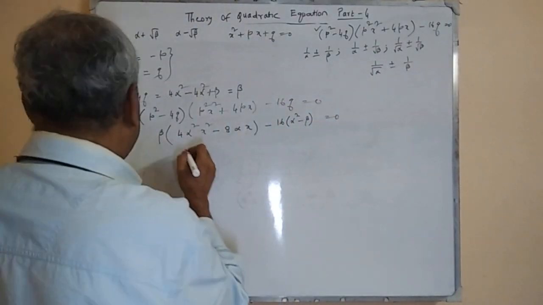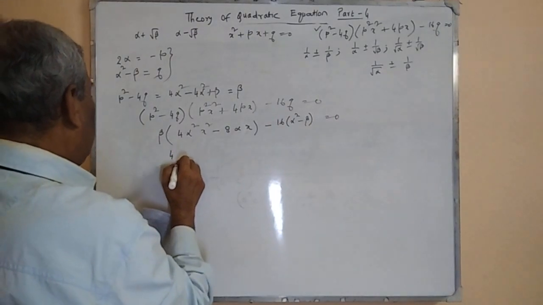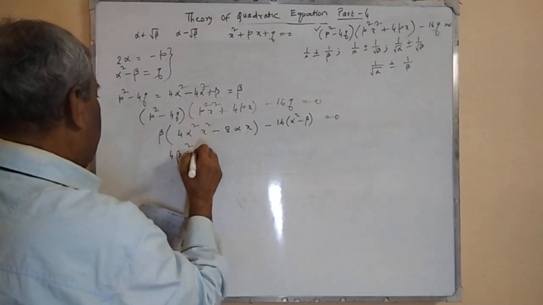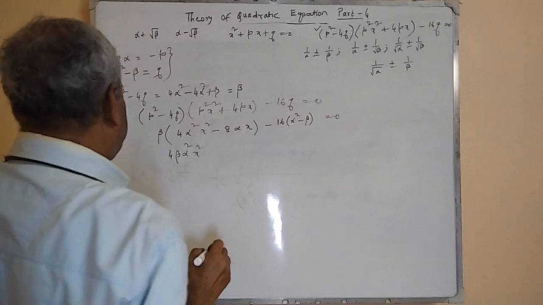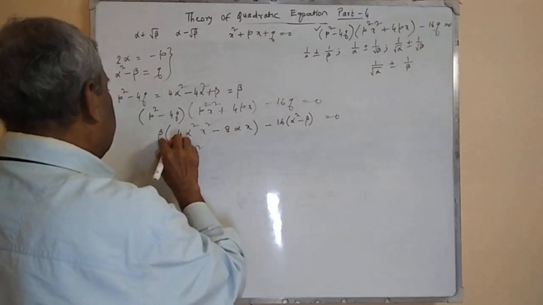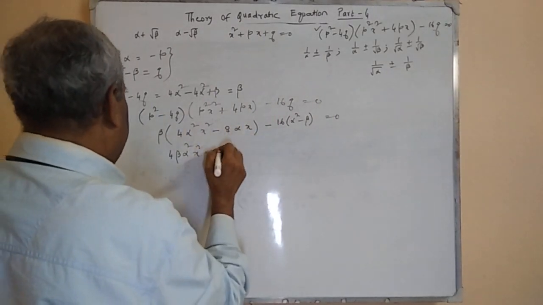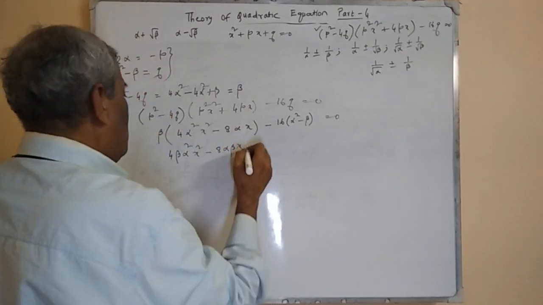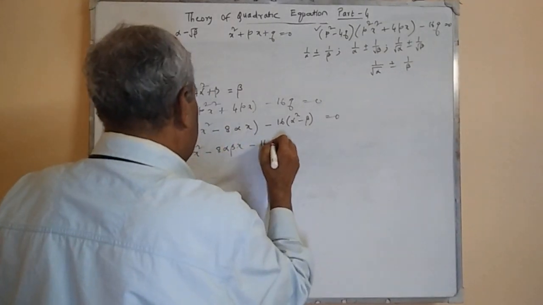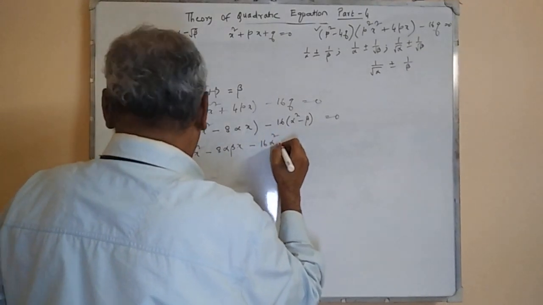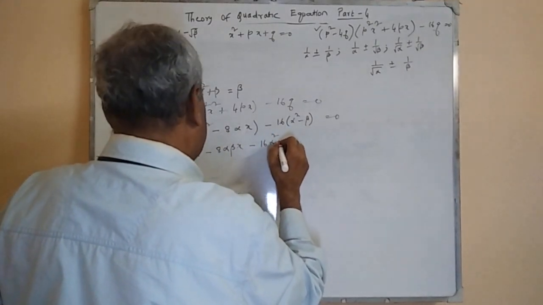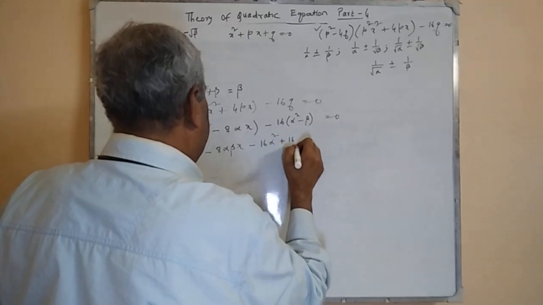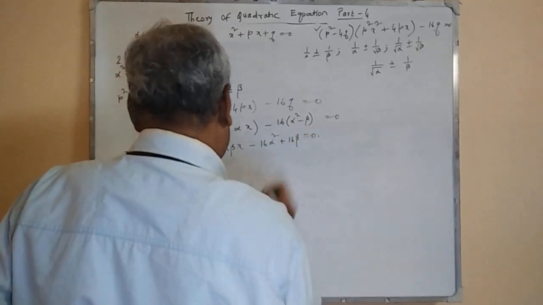That is 4 beta alpha square x square minus 8 alpha beta x minus 16 alpha square plus 16 beta is equal to 0.